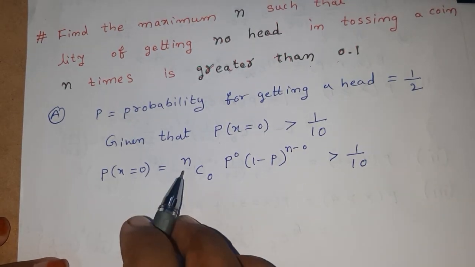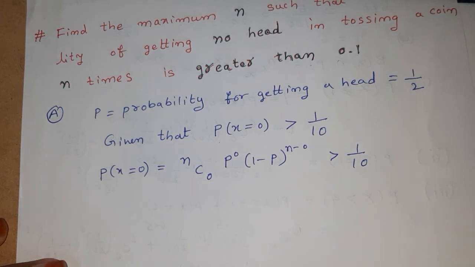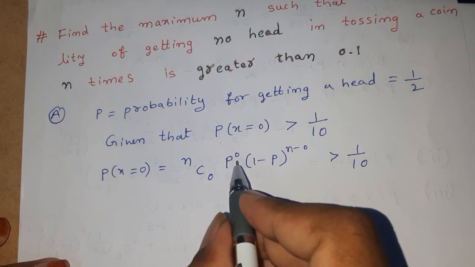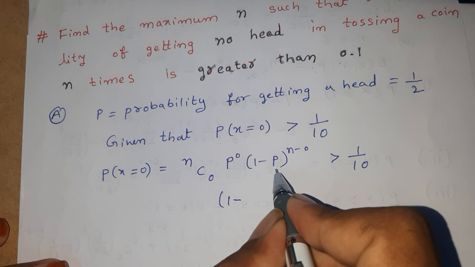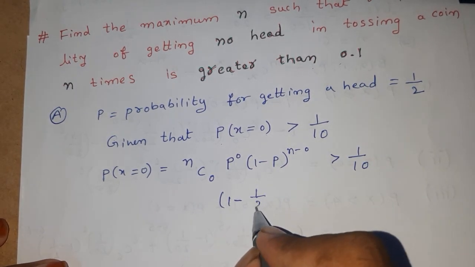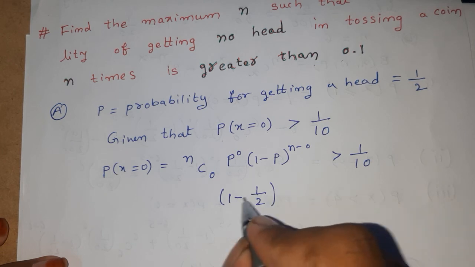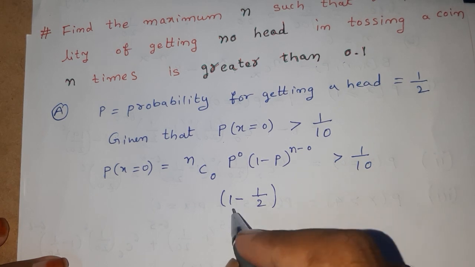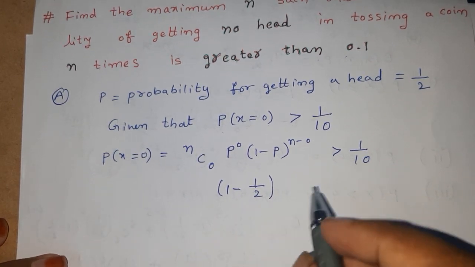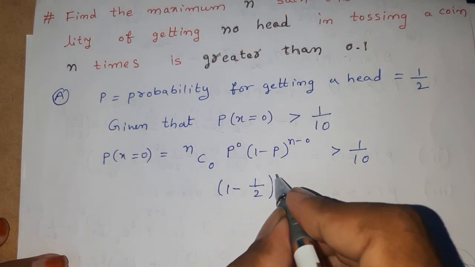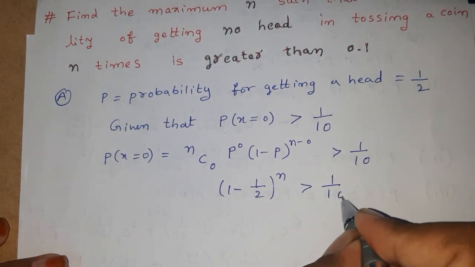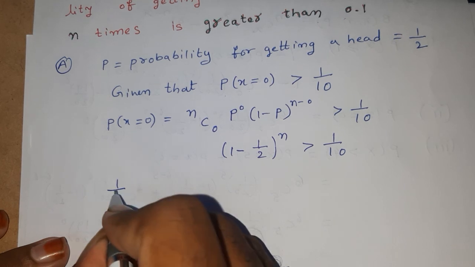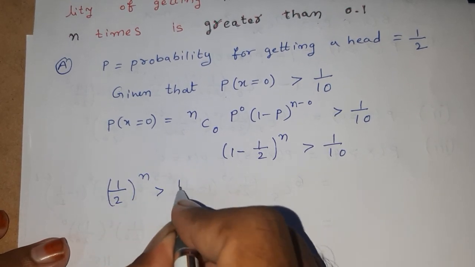We need to find the value of n. nC0 means 1, p^0 means 1, and 1 minus p is 1 minus 1 by 2, where 1 by 2 is the probability for getting a head. It is the probability of failure, that is the tail. So (1 by 2)^n should be greater than 1 by 10.